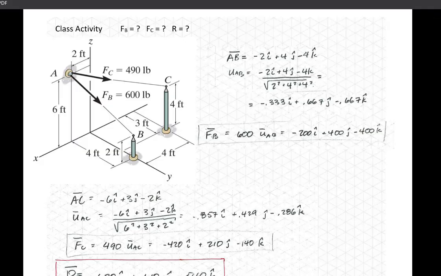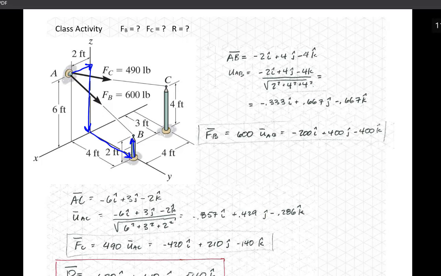Well, here's the solution to this activity. So what we're doing is we're going from A to B on this force and A to C on this force. So let's track the path from A to B. From this, I'm going to go that way in the i direction. So that's negative 2 in the i, negative 6 in the k, positive 4 in the j, and then back up, positive 2 in the k.